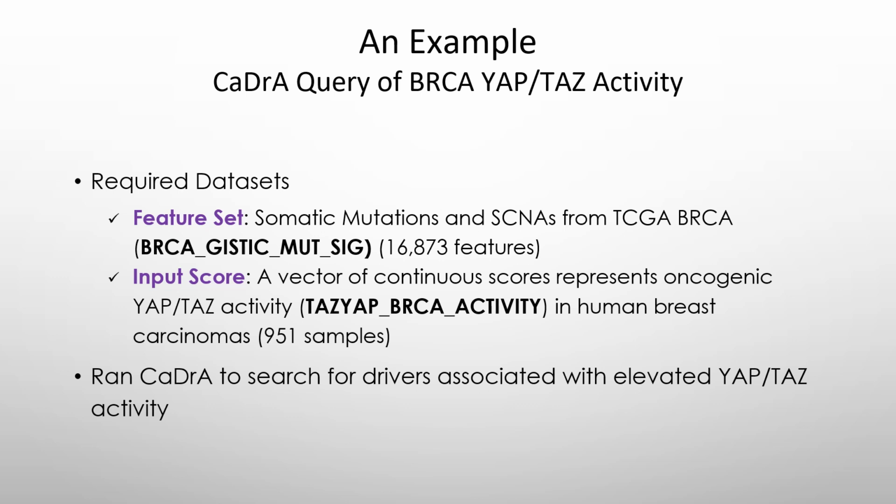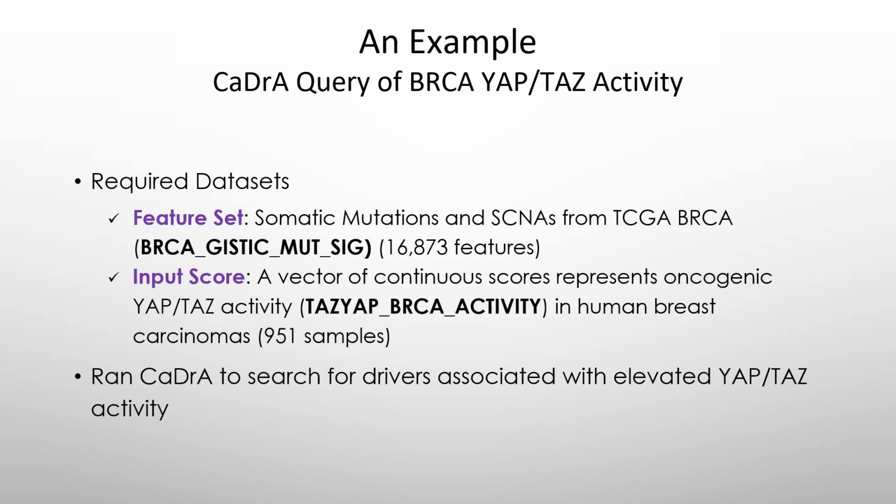Here we will illustrate the usage of CaDrA by walking you through its application to one of the datasets provided with the package. In particular, we are using a dataset of somatic mutation and copy number alteration from the TCGA breast cancer dataset. This is the feature set.